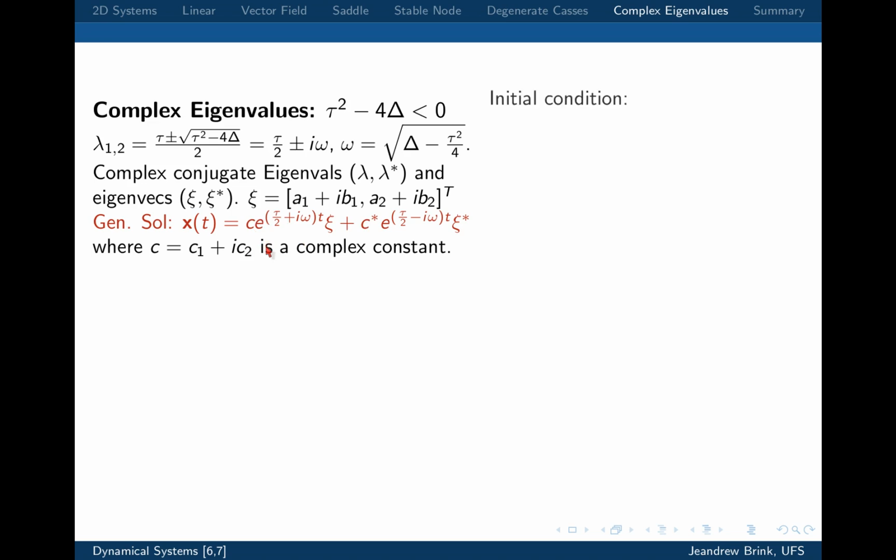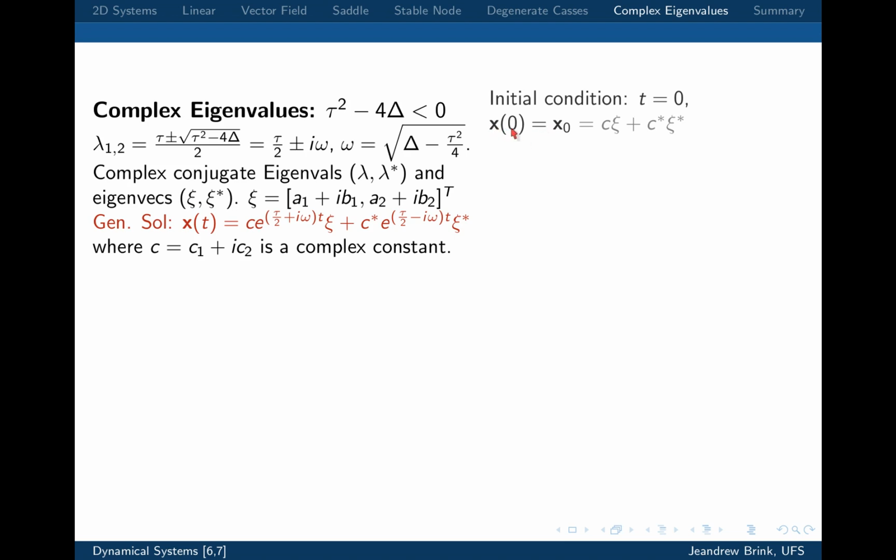Now for the initial conditions. At time t equals 0, we denote x of 0 as x0, and we can immediately write down what it is.